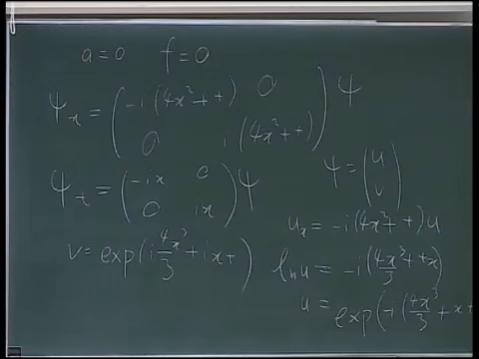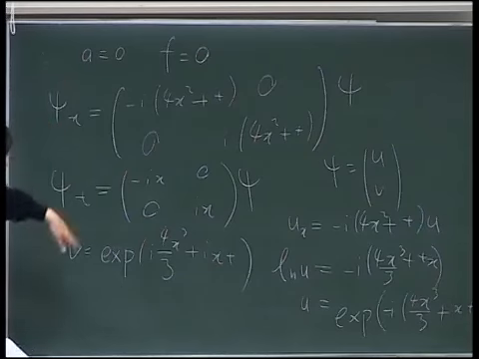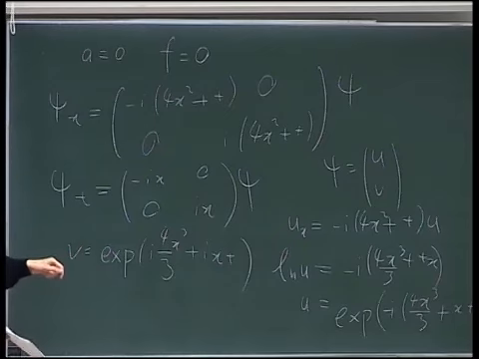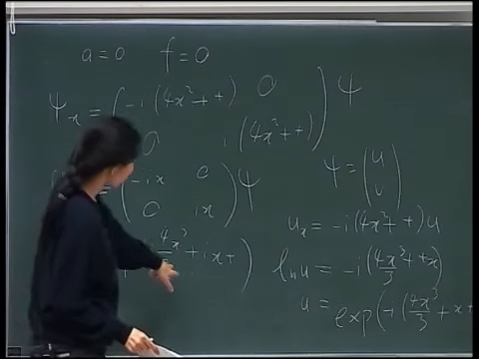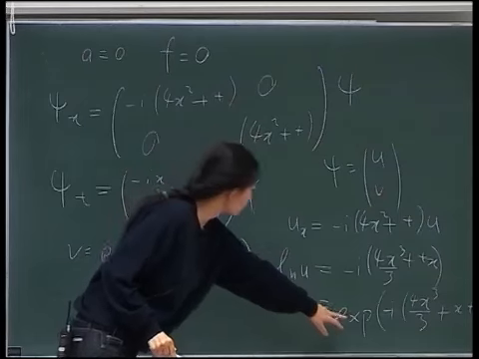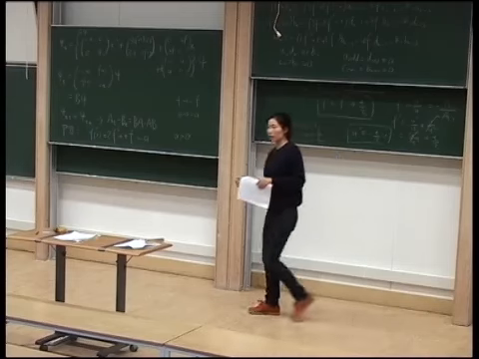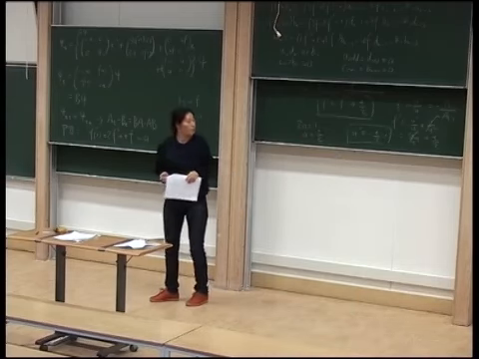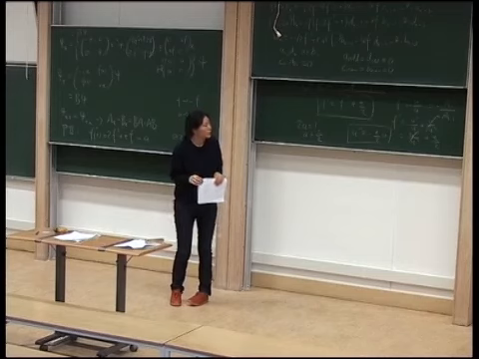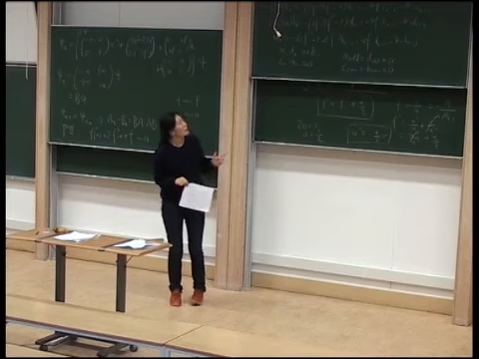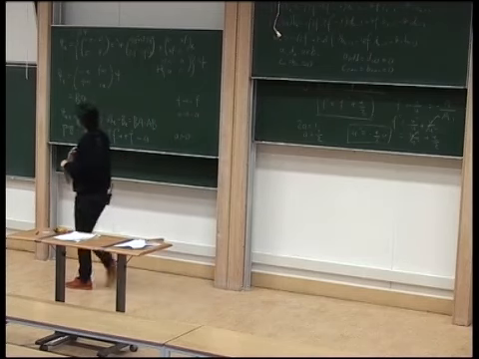So for the case where a is 0, the associated linear problem can be solved in closed form by simple exponential functions. And it happens that these two behaviors are the dominant behavior for the expansion of phi at x equals infinity.